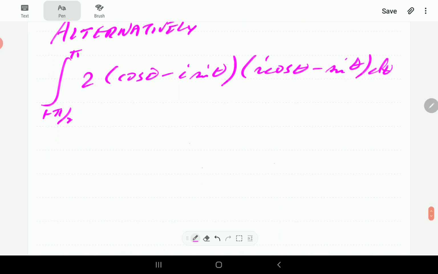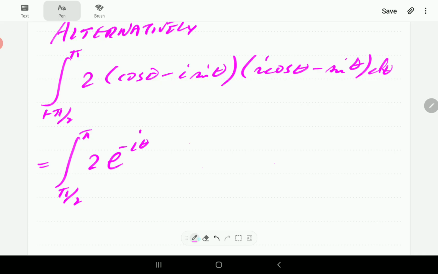According to Euler's formula, cos theta plus i sine theta is e to the i theta. So cos theta minus i sine theta here is simply e to the minus i theta.